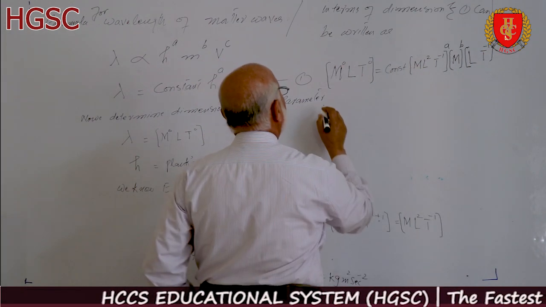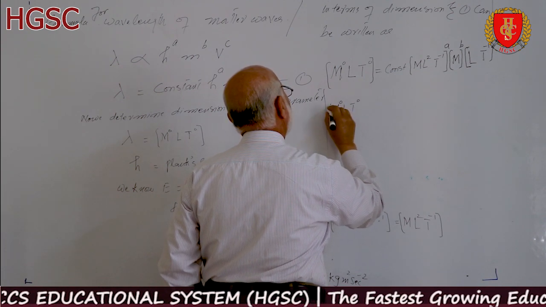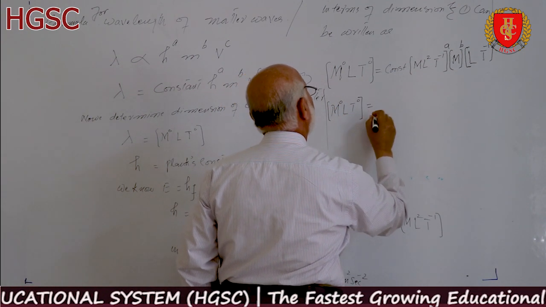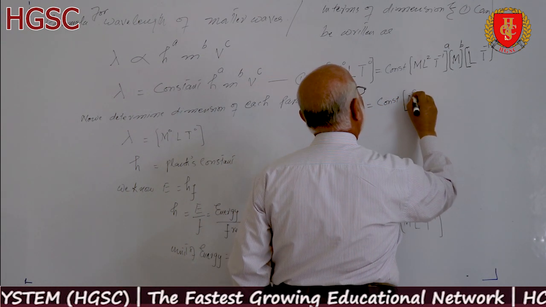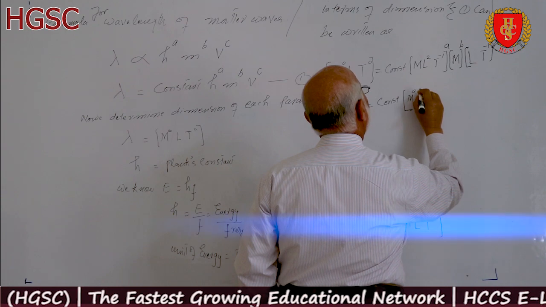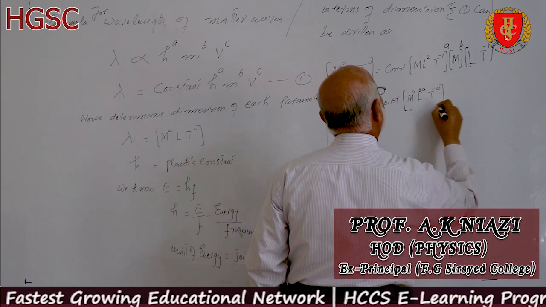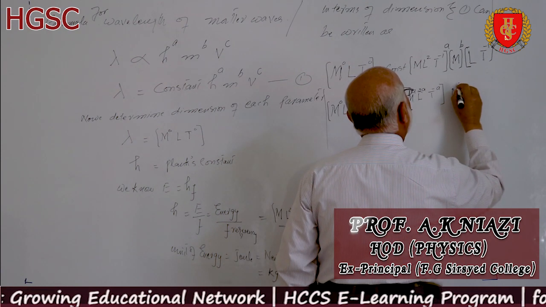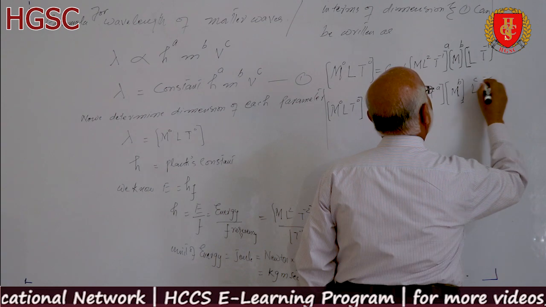So further we can write M0 L T0 is equal to constant M a L 2a T minus a M b L c T minus c.